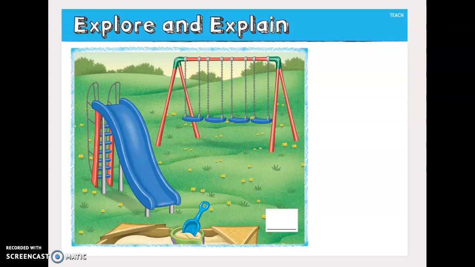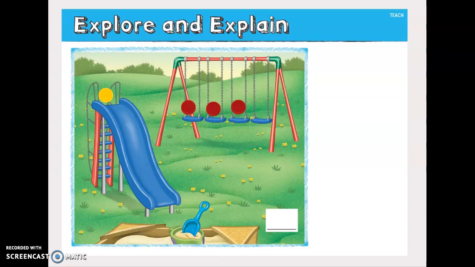So we're going to do an addition story problem, and I'm going to use my counters, and you should too. So follow along. There are 3 children swinging. So there's 1, 2, 3. There are 3 children swinging at the park. One child is on the slide. So there's my yellow counter for the slide.